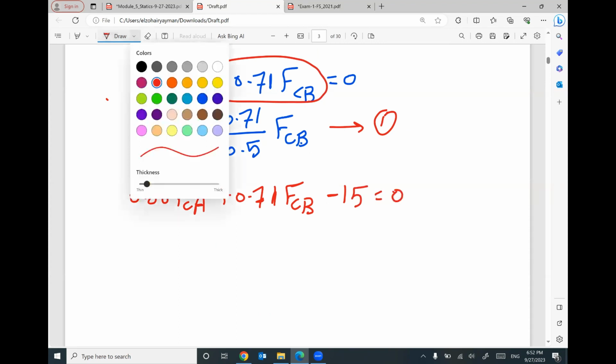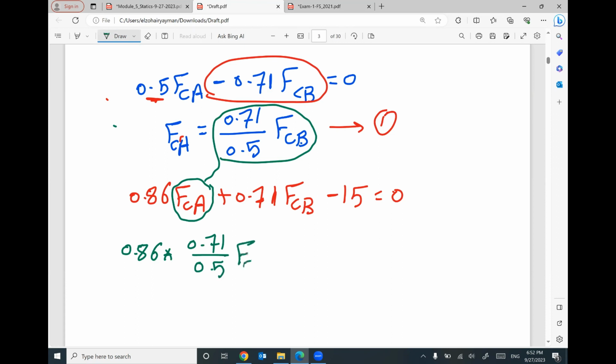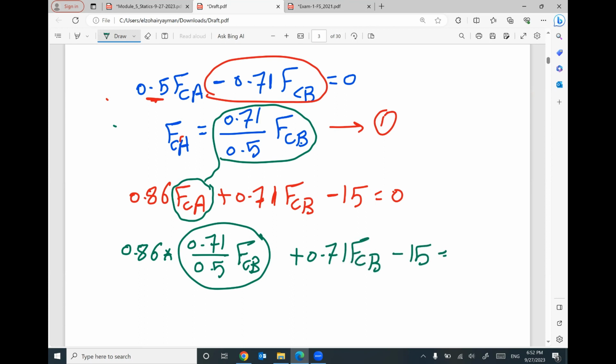I can remove this term and put this equivalent term. So 0.86 times 0.71 divided by 0.5 FCB plus 0.71 FCB minus 15 equals 0. The only unknown in this equation is FCB. I can figure it out.